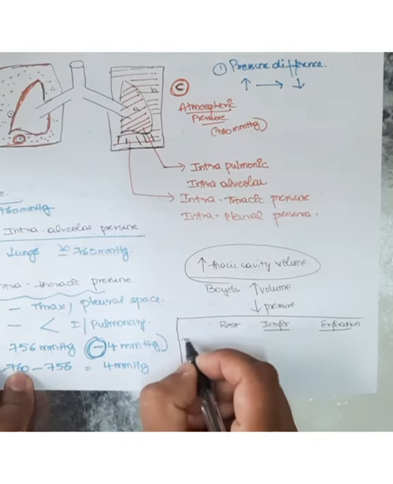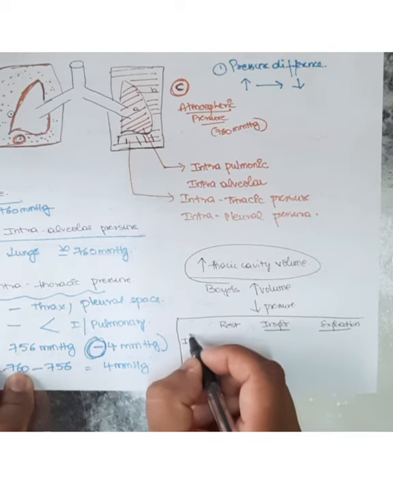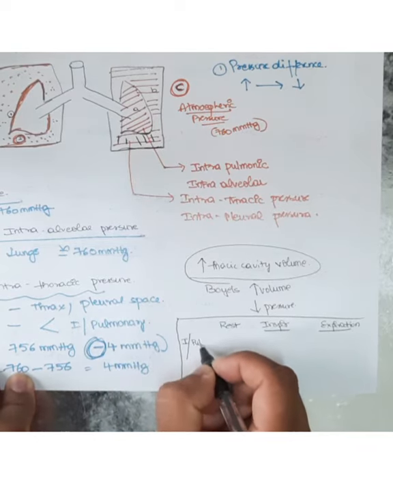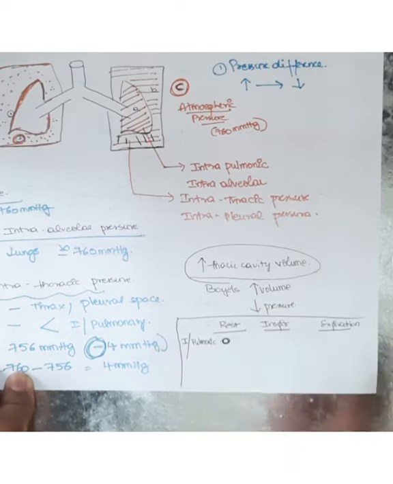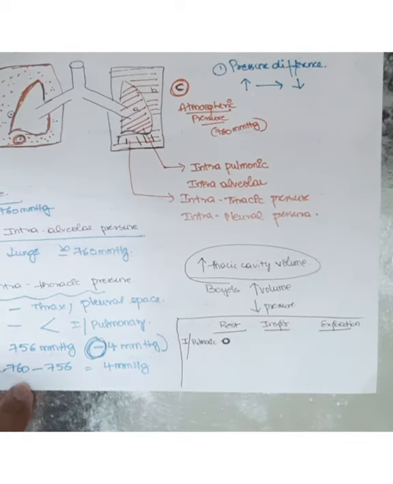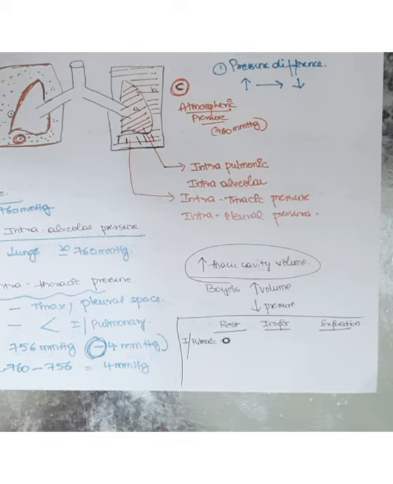The intra-alveolar or pulmonic pressure at rest is 0 mmHg. Why is it 0 mmHg? Because it is in equilibrium. 760 is equal to 760. So instead of saying 760, we say it is 0 because it is similar.